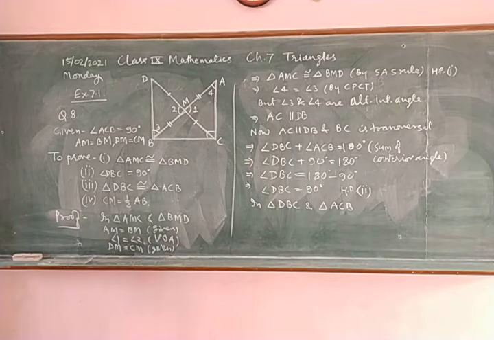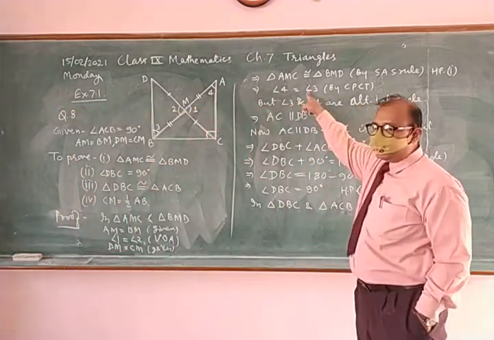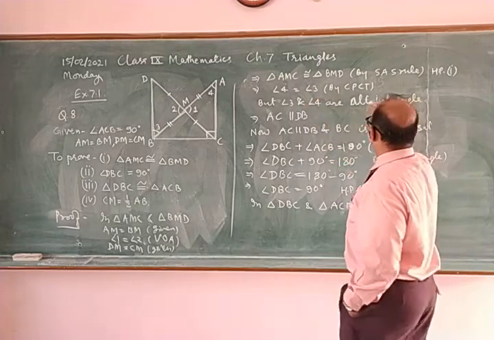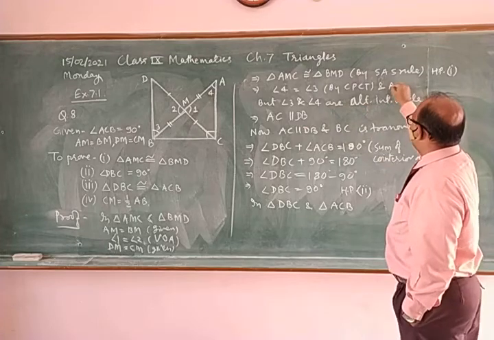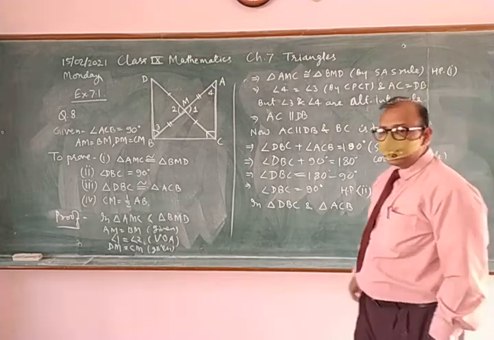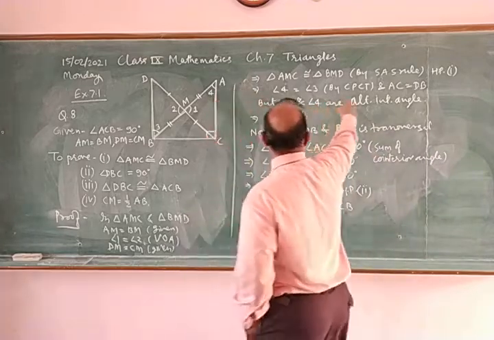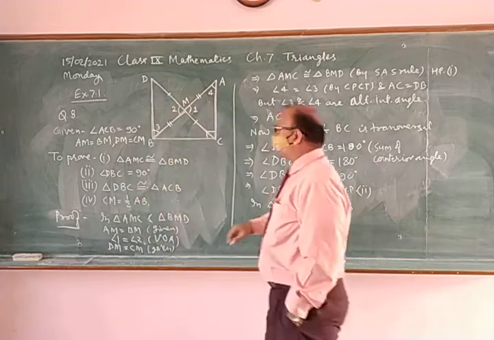By simplicity, angle 4 is equal to angle 3. And AC is equal to DB. AC is equal to DB. This will be used here to prove the third thing.